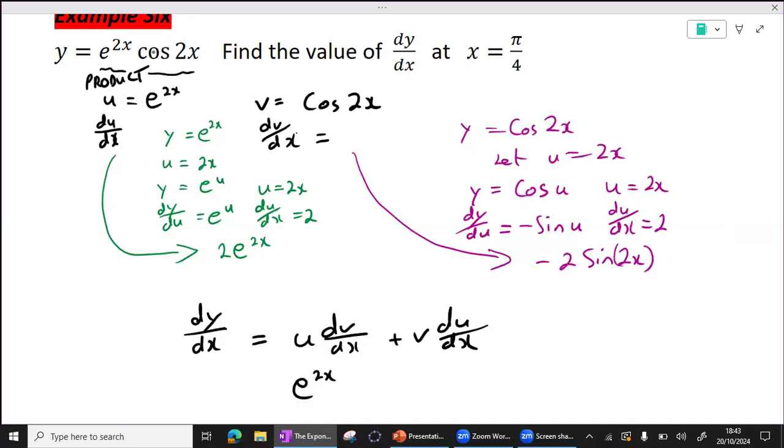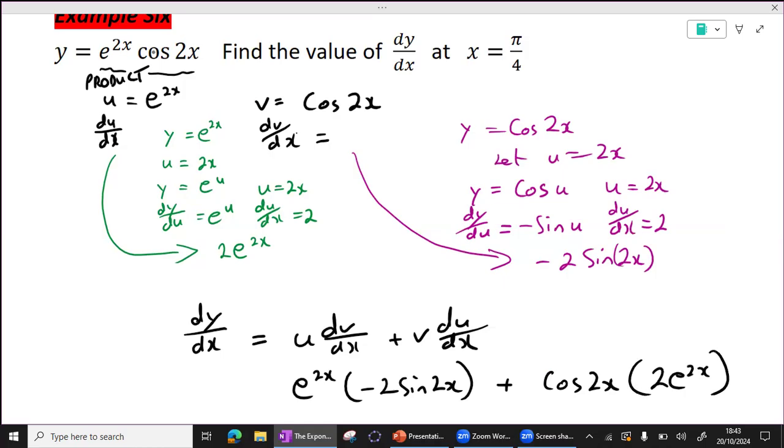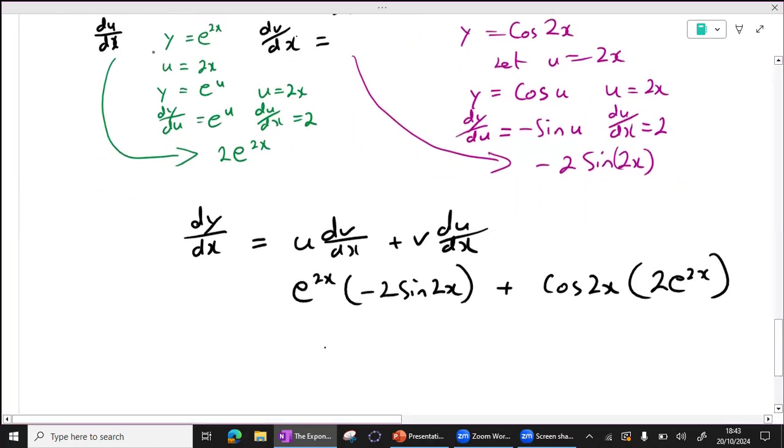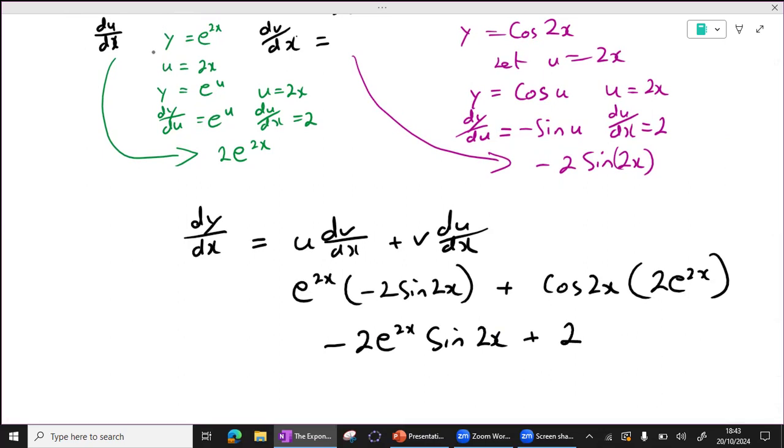My dv dx is my minus 2 sine 2x, plus v, which is cos 2x, times du dx, which is 2 e to the power of 2x. So if we tidy that up a little bit better, it looks like this. So it's better kind of to have the e to the front, really. And then the cos of 2x there.